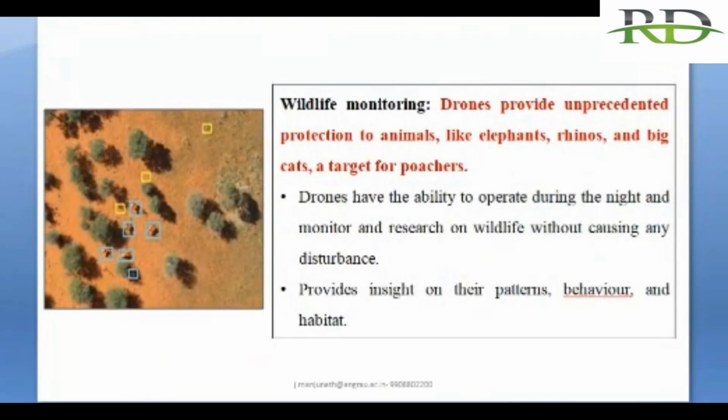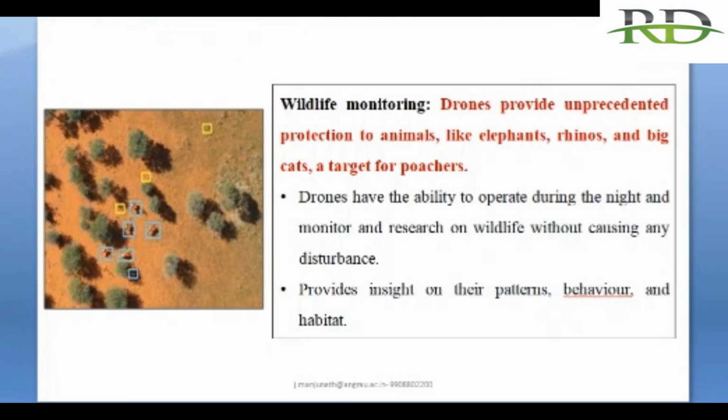This is wildlife monitoring, which is one of the important uses. We cannot move into every part of the forest. We can observe what type of wild species are present in the forest by flying the drone.